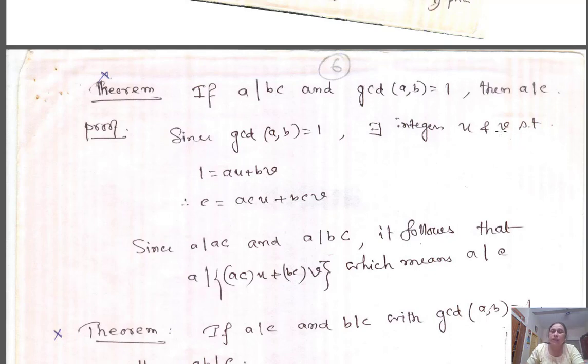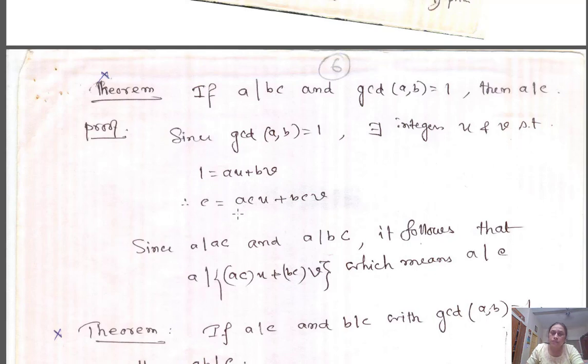GCD 1 means there exist integers U, V such that 1 equals AU plus BV. Now multiply both sides by C. So C equals ACU plus BCV.